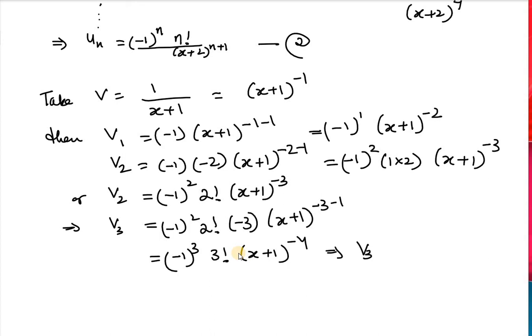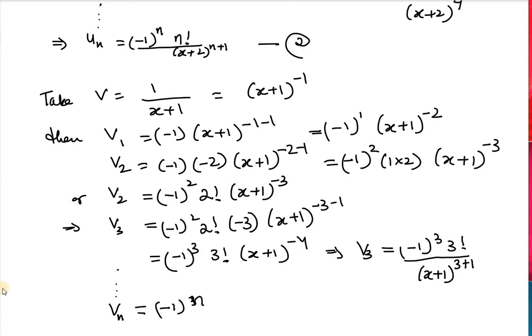So finally, what is v3? It is (-1)^3, 3 factorial, and if you bring this (x+1) to the denominator, then you'll get (x+1) to the power 4. And 4 can be written as 3 plus 1. So what we notice now is that if you continue to differentiate this one, then you'll get vn equal to (-1)^n.